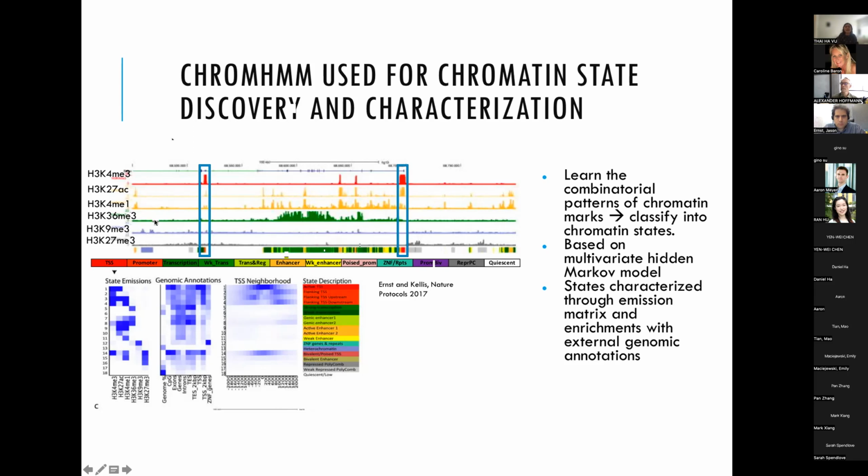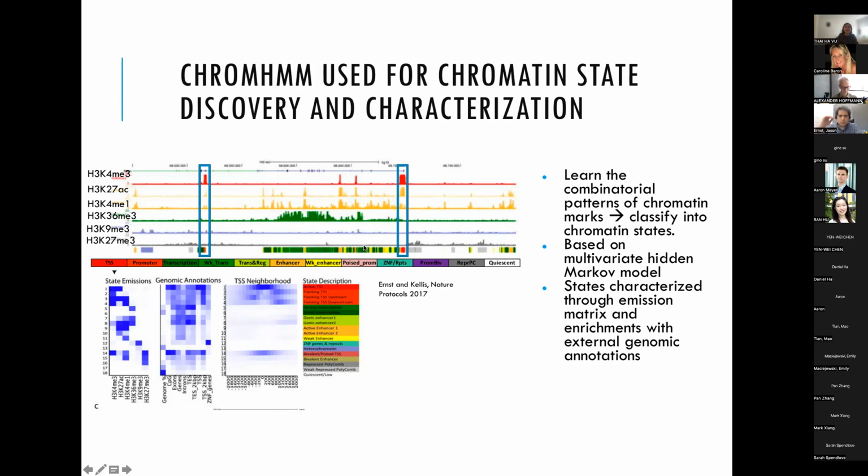The highlighted regions are all annotated into a chromatin state that's colored red, and it's actually a TSS promoter state. You can see that these regions correspond to regions with jointly high signals of these two chromatin marks. And that's what ChromHMM really tries to help us figure out in terms of genome annotations.